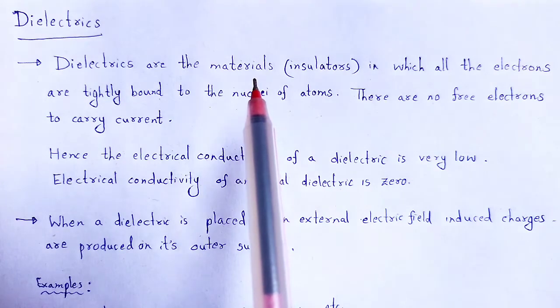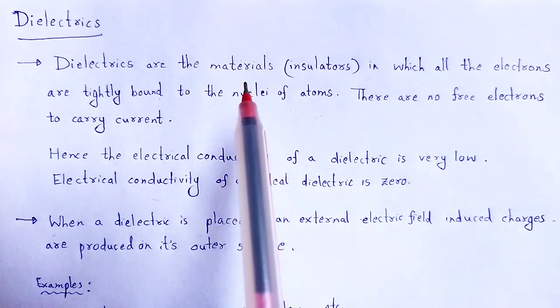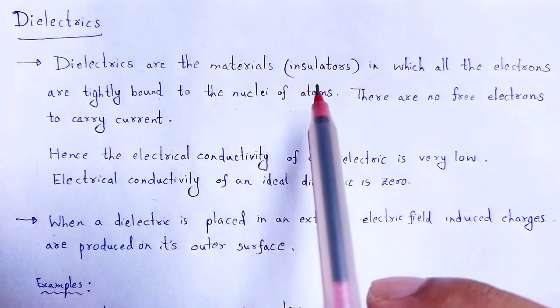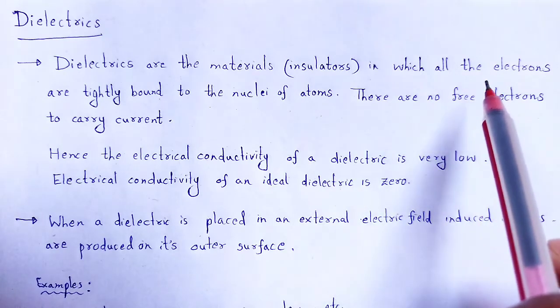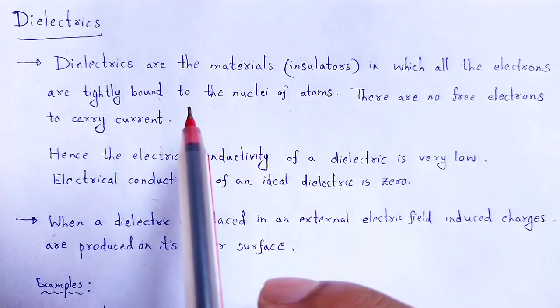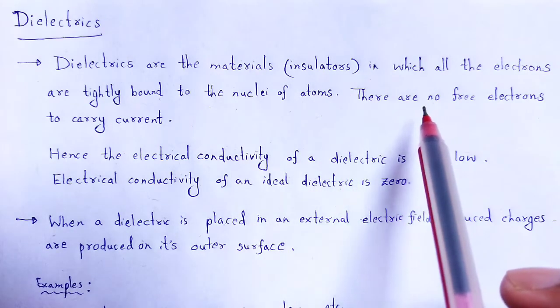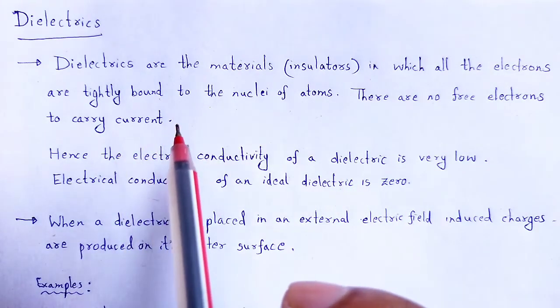The classification of materials is treated as conductor, semiconductor, and insulators, and dielectrics are in the category of insulators, in which all the electrons are tightly bound to the nuclei of atoms and there are no free electrons to carry current.